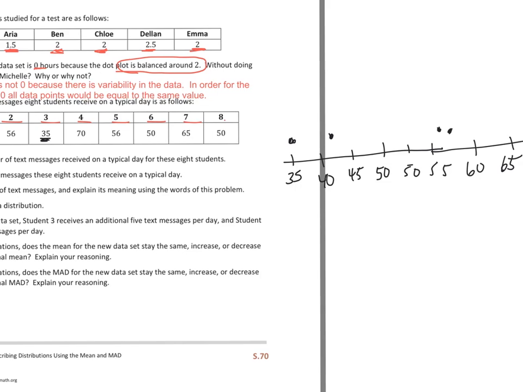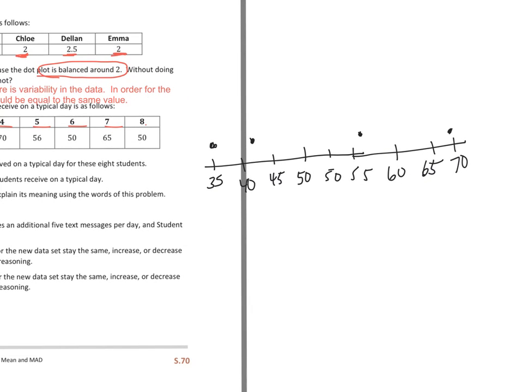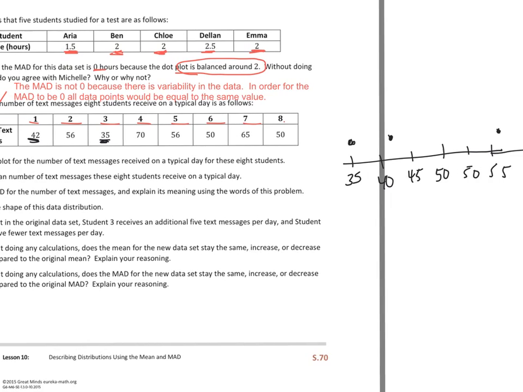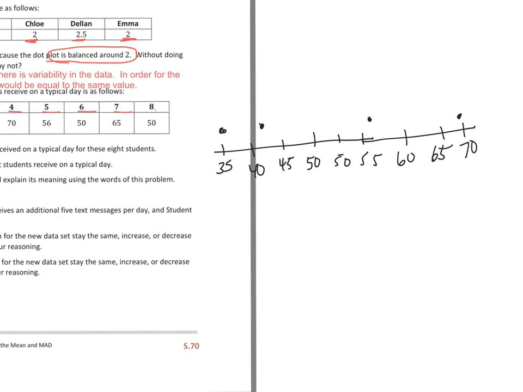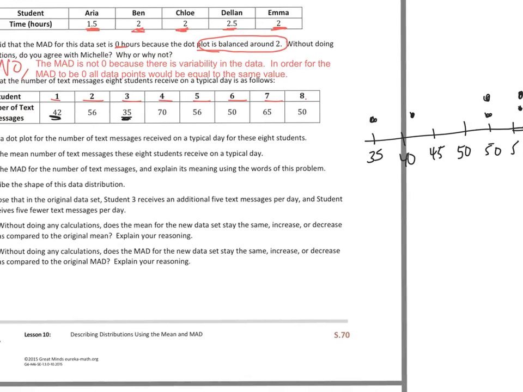And that was my 4th data point. Then I got 56. 50. 65. And 50. So there's my dot plot right there.